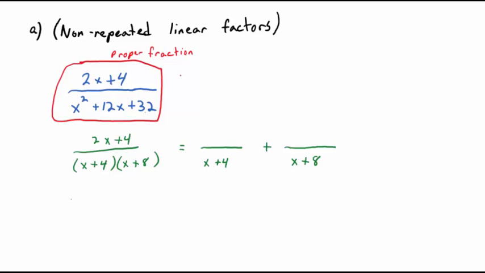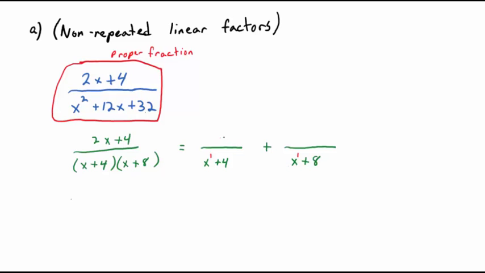It turns out when you have a proper rational expression and you decompose it like this, the terms in the decomposition on the right-hand side will also be proper, which means the degrees of the numerators up here and here should be less than the degrees of the denominator. But the degrees of the denominators are both 1, right?